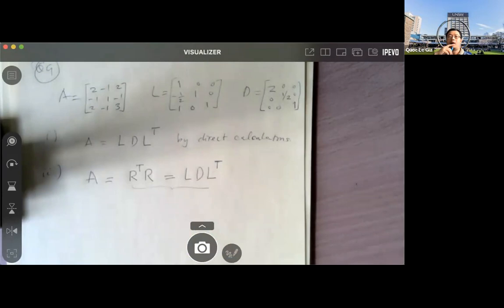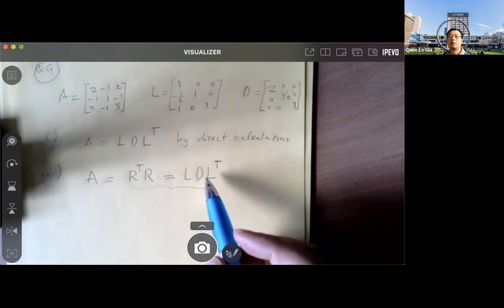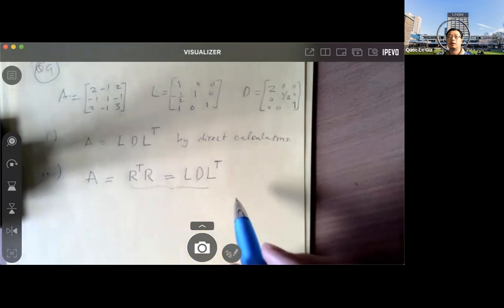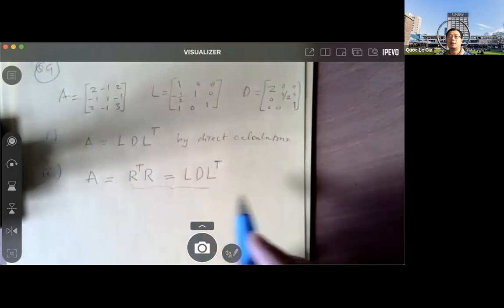What is the matrix R in this case? We have to use this relation, but directly compute R. So how do you compute R directly? Yeah, but it's a bit tedious.